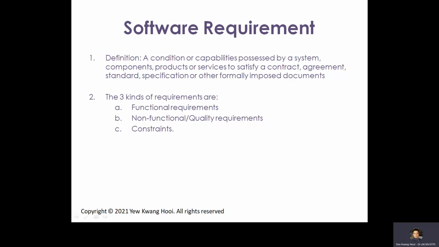What is a software requirement? The definition is a condition, good or bad, slow or fast, reliable or unreliable, or capabilities. What does it do? For booking airline tickets, for buying online products, capabilities possessed by a system, the system's components, products, or services to satisfy a contract, agreement, standard, specification, or other formally imposed documents.